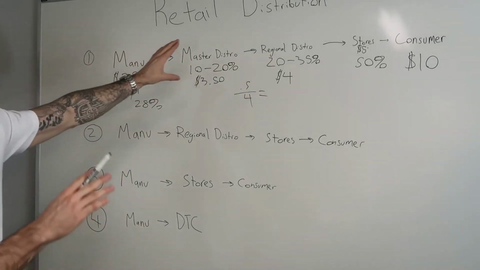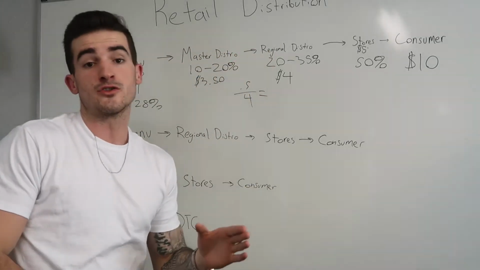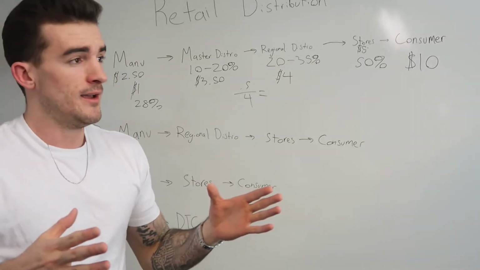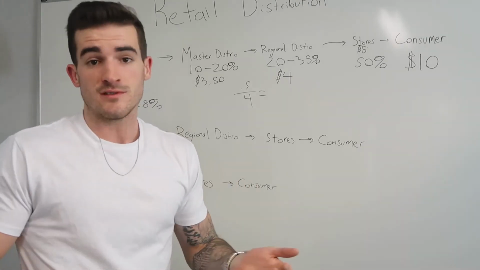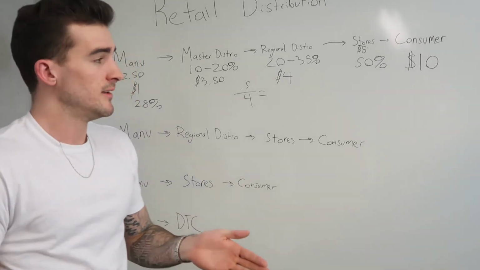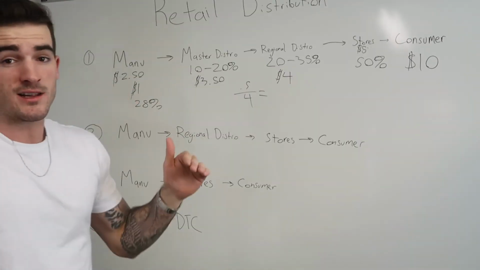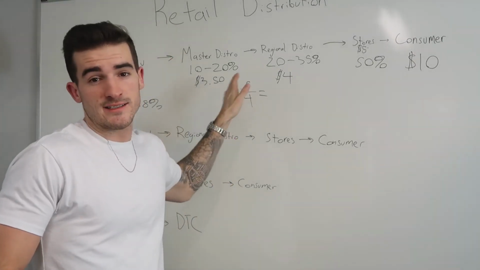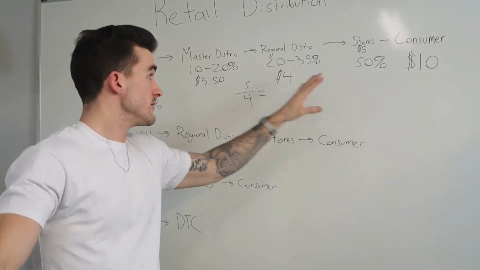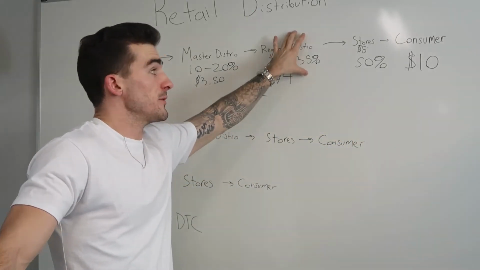So this is a standard. This is going to be for your product that you're looking to truly go mass market with. There's no way you get into tens of thousands or even thousands and thousands of retail locations unless you put in a ton of legwork, or you get into a master distributor who has their network of regional distributors, who then the regional distributors have their stores.